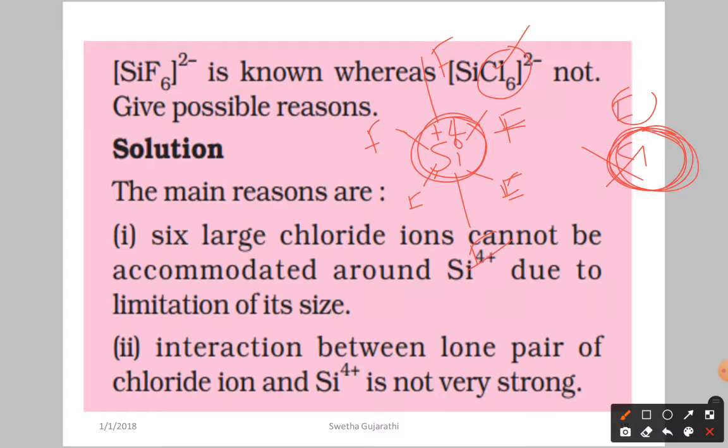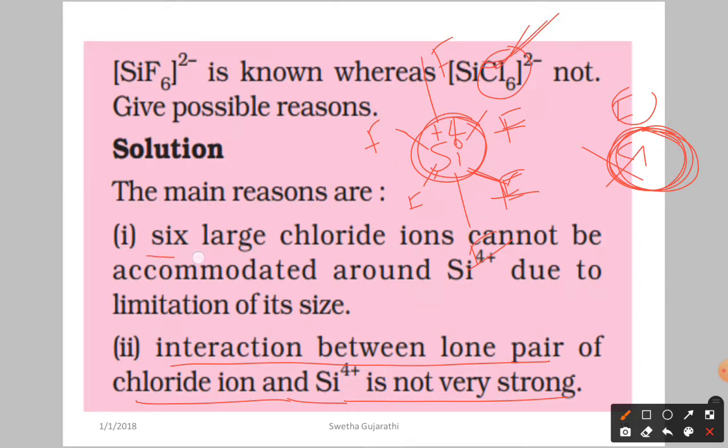The second point is that the interaction should be good. Once they form the bond, the interaction should be good, and the bond should be somewhat strong. Here the interaction between the lone pair of the chloride ion and silicon +4 is not very strong, so they do not have that strong a bond. Because of that reason, we don't have SiCl6 2-.